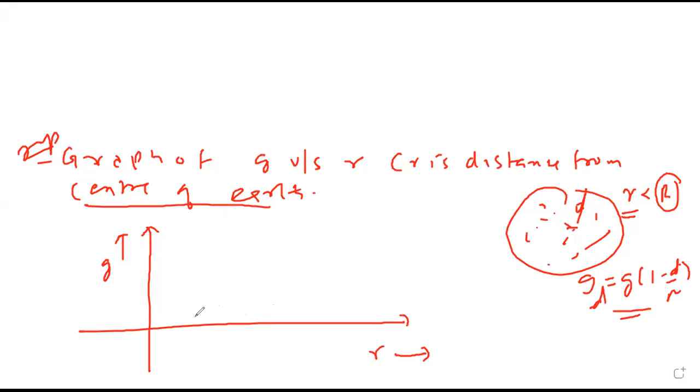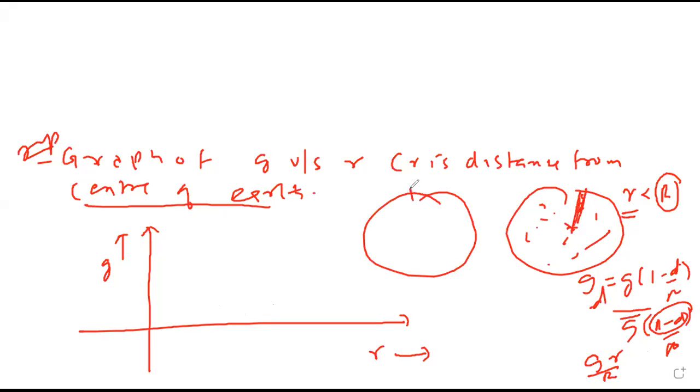Now, if this is R, if I cross multiply, R minus d upon R, inside means it is every time R minus d only. If this is R, this is d, then small r will be R minus d.